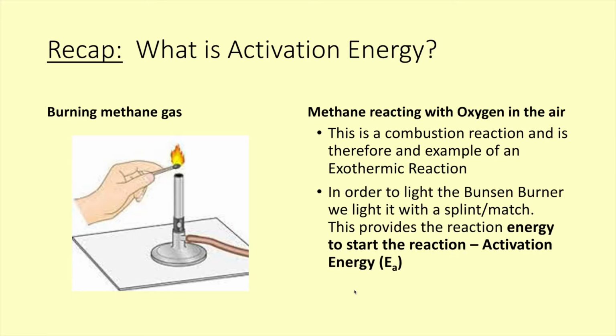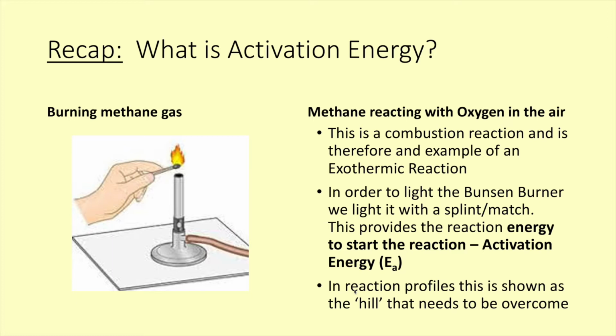But in order to light our Bunsen burner, we always use a splint or a match, and this is because we need something to kick off this reaction. We need some energy to put in order to start this reaction off, and that's our activation energy. And so that was the minimum energy we need in order for our reaction to actually begin.